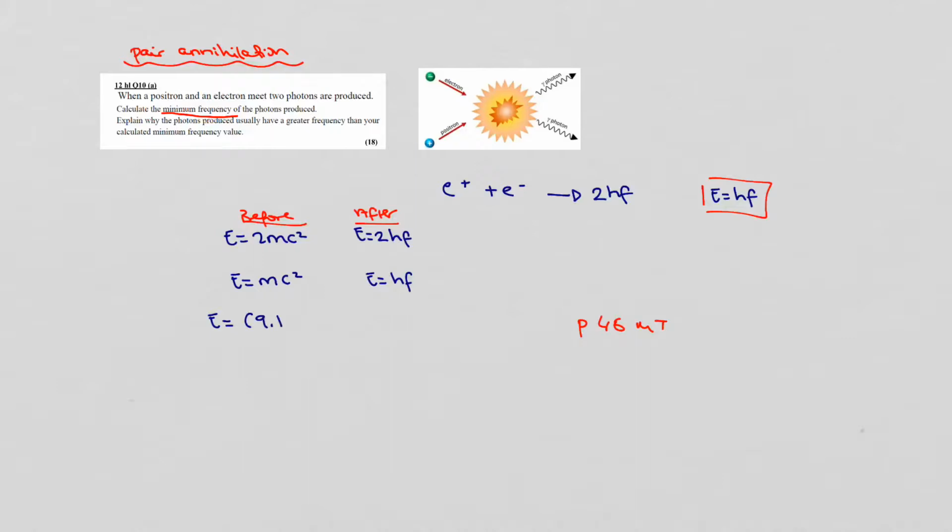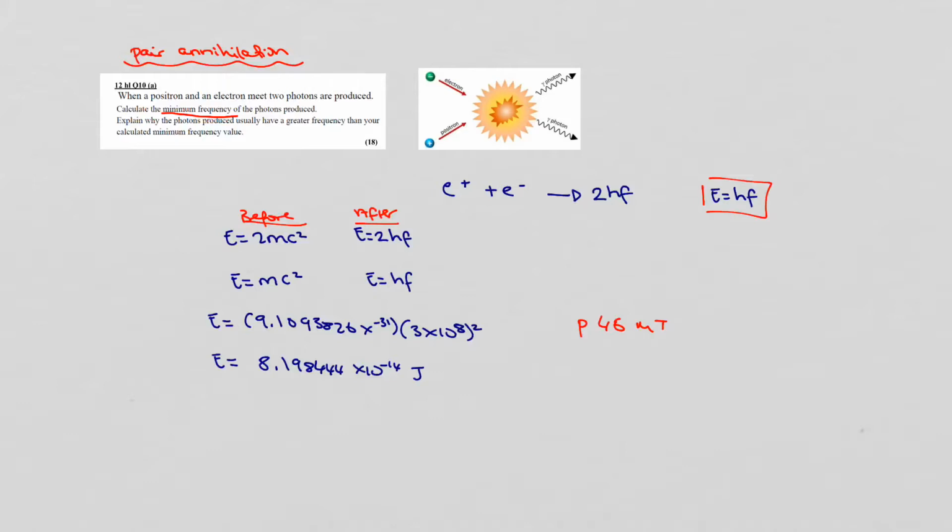So we have 9.11 by 10 to the minus 31 times c squared. And therefore the energy of the positron, or the electron, is 8.198444 by 10 to the minus 14, and that's joules.